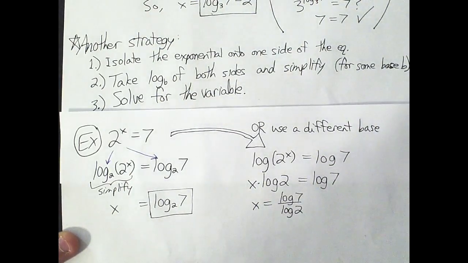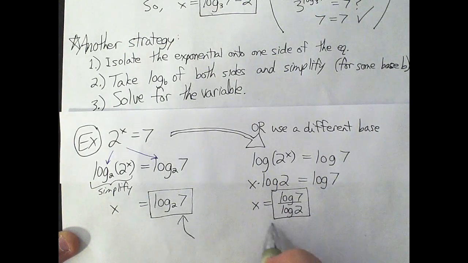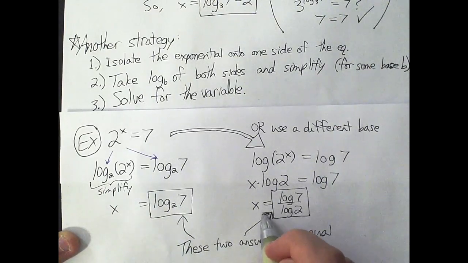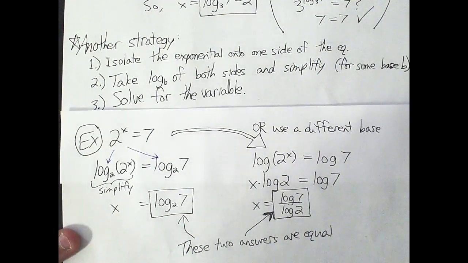Now, is that the correct answer? Yes, it is. I'm going to say these two answers are equal. If we were in person right now, I would ask you, can you see why these two answers are equal?